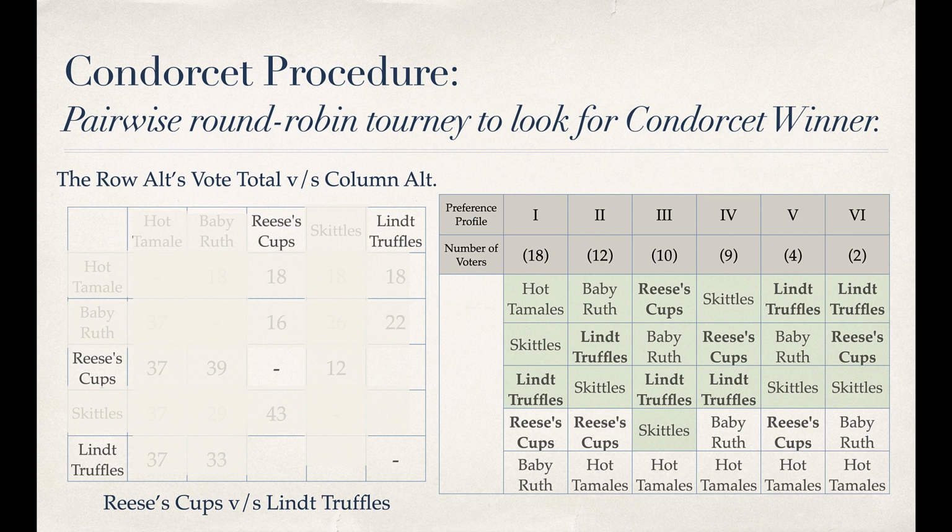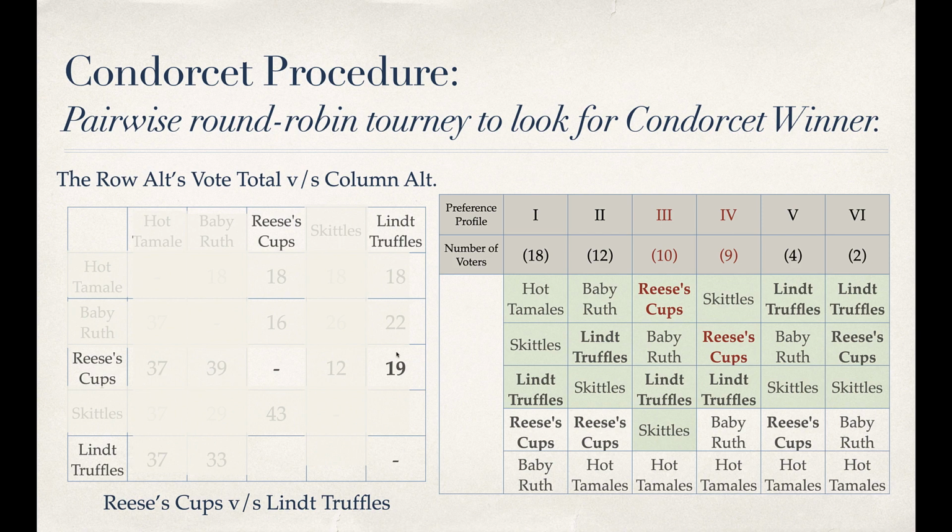All right, now Reese's Cups versus Lindt truffles. So here I've highlighted Lindt truffles and Reese's Cups all the way across. Let's let them vote. So 19 of these voters prefer Reese's Cups to Lindt truffles. So in the cell that has Reese's Cups as the row and Lindt truffles as the column, I give the vote total for Reese's Cups. It's always the row.